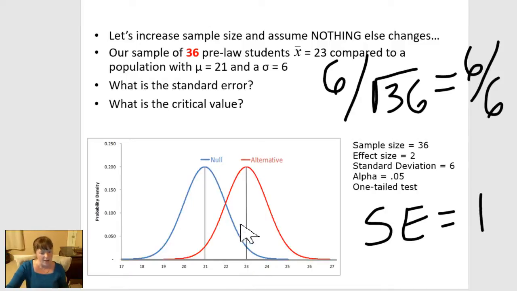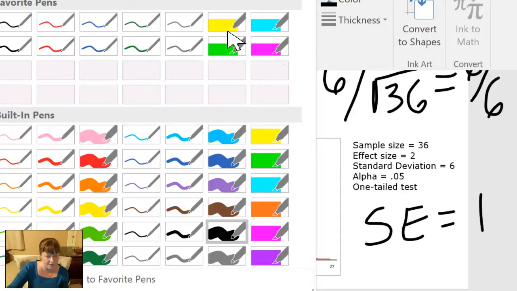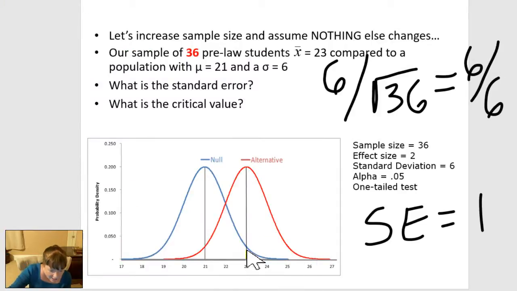But now this is going to change my critical value. Notice my critical value is different now because alpha doesn't change, it's still 0.05, right? But now alpha is here. And so now my critical value is different.